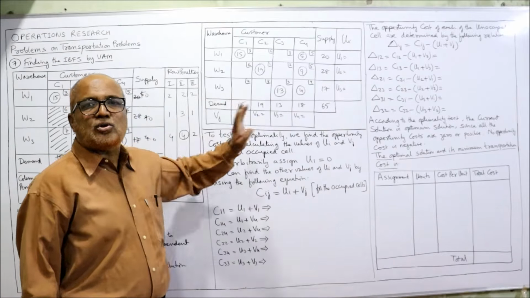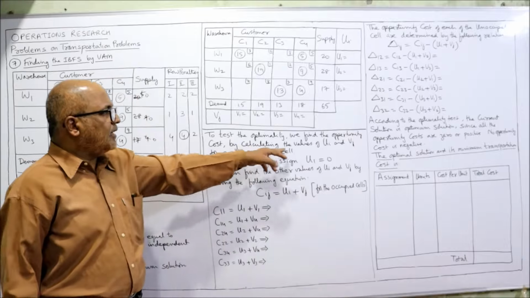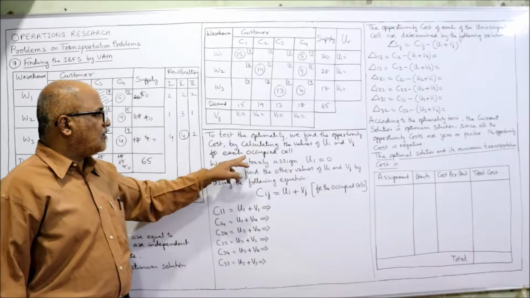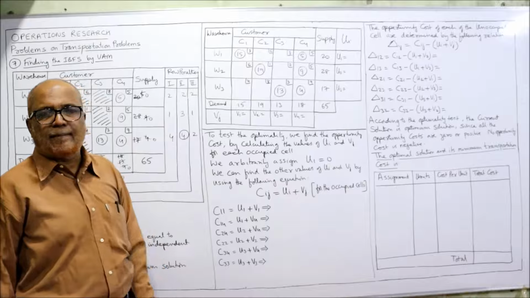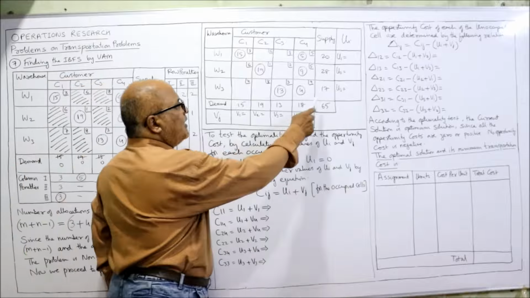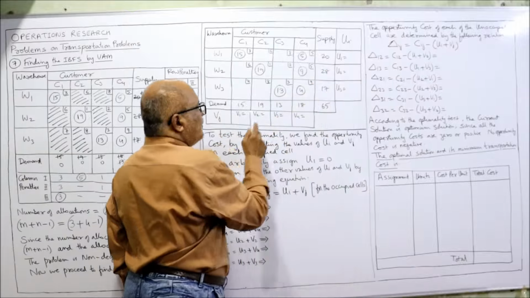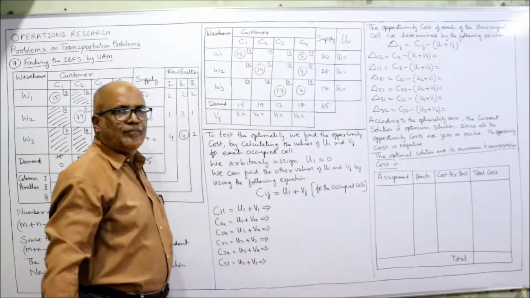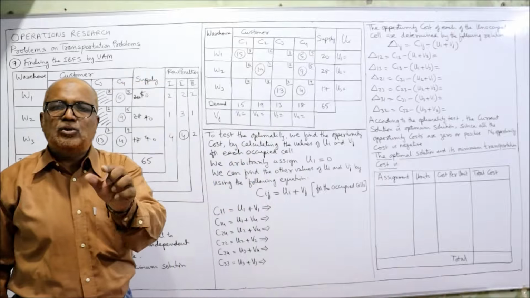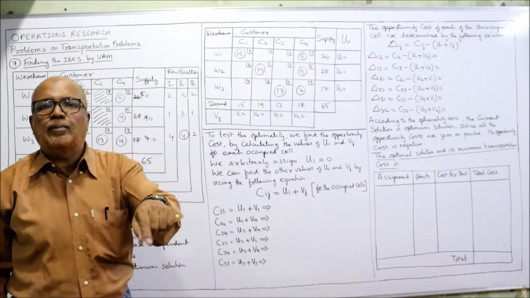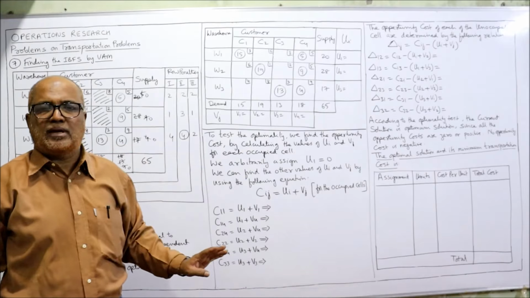Right? That is called opportunity cost. By calculating the values of UI and VJ for each of the occupied cells. This UI and VJ, U1, U2, U3, V1, V2, V3, V4. By calculating this UI, VJ, we can be able to find out opportunity cost. Right?